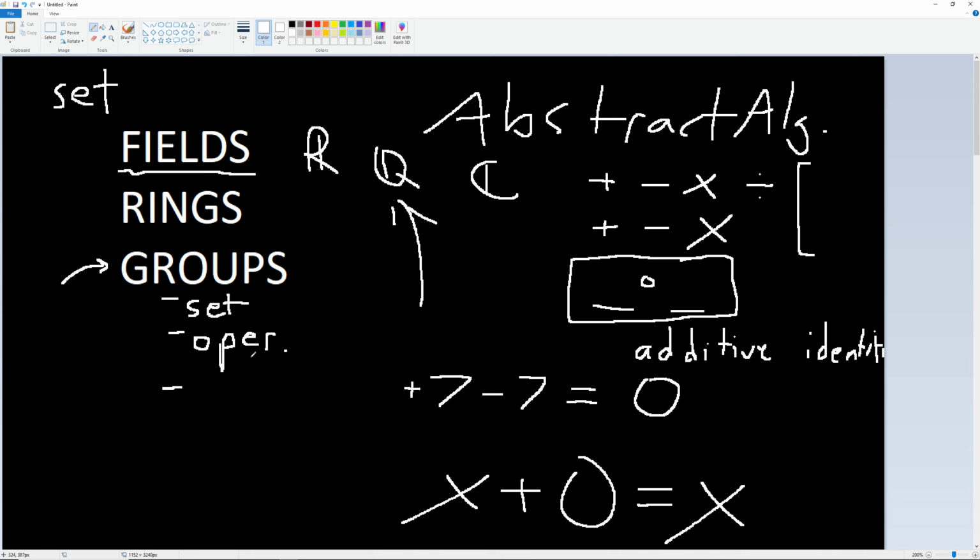You know, we can remove parts of it, but then it becomes a different mathematical object. So the focus on groups is because mathematicians realized that groups are super important. And, you know, rings and fields are important, and that's why we're talking about it.